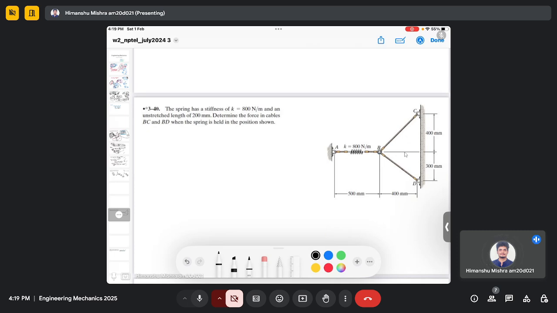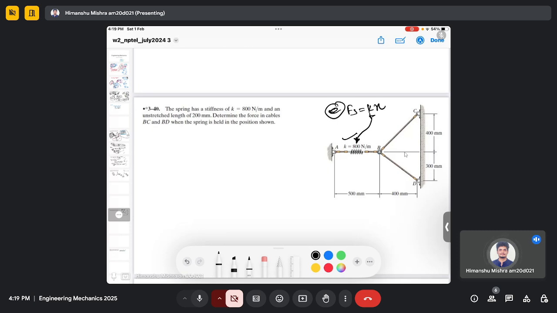So again, it is a similar problem, except that in one of the chords we have been given the spring force. So instead of assigning a random force in this chord in the free body diagram, we need to consider the expression of spring force, which is given in terms of kx, and k is the spring stiffness, which is 800 Newton per meter.